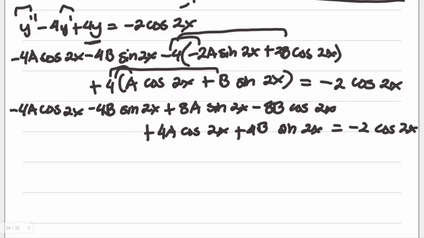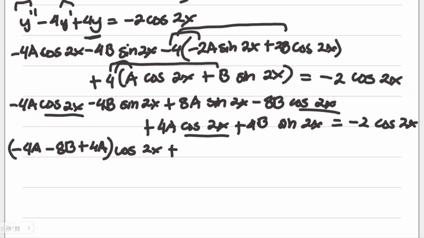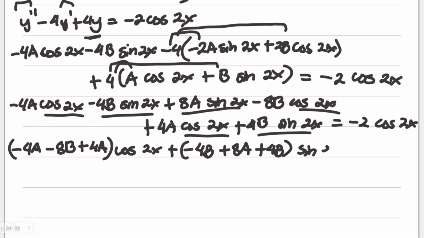Next part is to combine the coefficients of the same trigonometric functions. You have your cosine here, another cosine here. So you will have here minus 4a minus 8b plus 4a of cosine 2x. And for sine, let's just simply use plus in the meantime. So this is for your sine and sine here. So minus 4b plus 8a plus 4b of sine 2x.